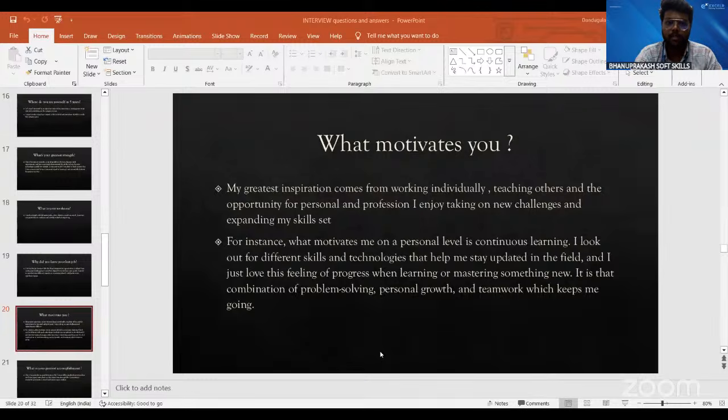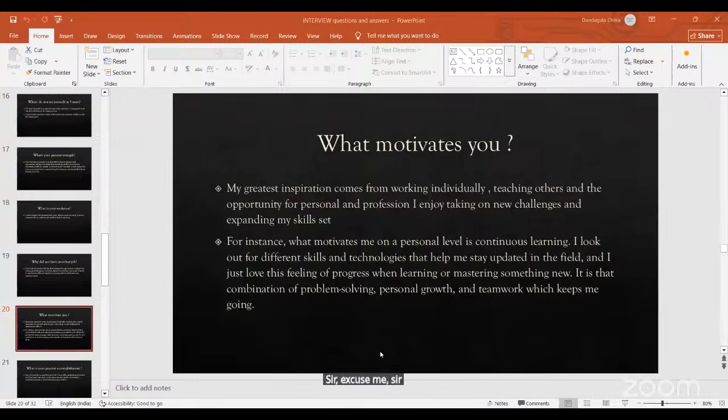My greatest achievement so far is continuously improving my technical skills. Okay. Confidence. I published my research paper in. Sir, excuse me, sir. Yes. Yes, Sharon. Sir, my greatest achievement is I received a prize from singer Koti Garu for my singing.